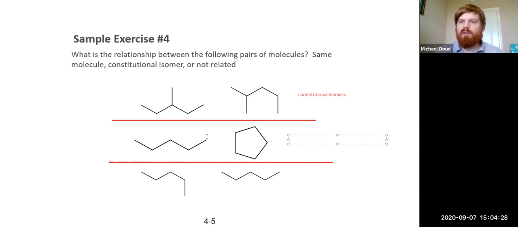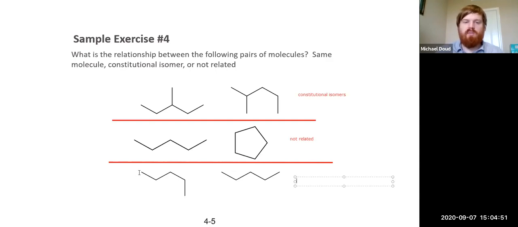That's a total of 12 hydrogens. Cyclopentane, though, 2, 2, 2, 2, 2, that's 10 hydrogens. So cyclopentane, C5H10, pentane, C5H12. Different formulas, these are not related whatsoever. So we're just gonna say not related.